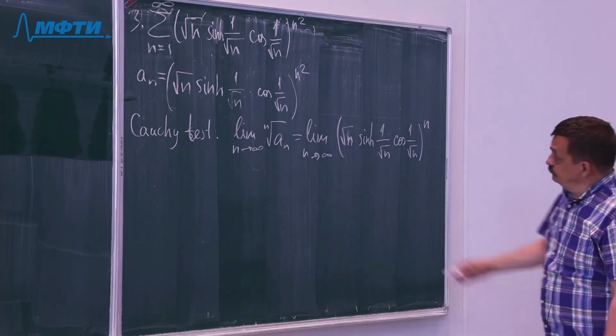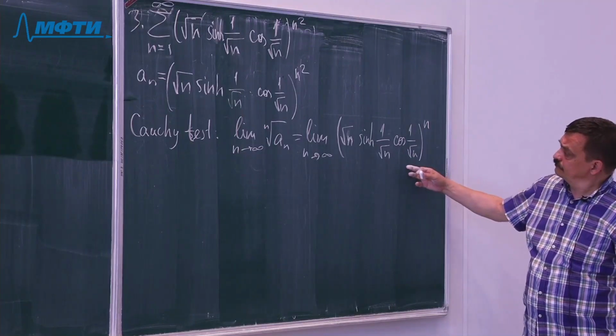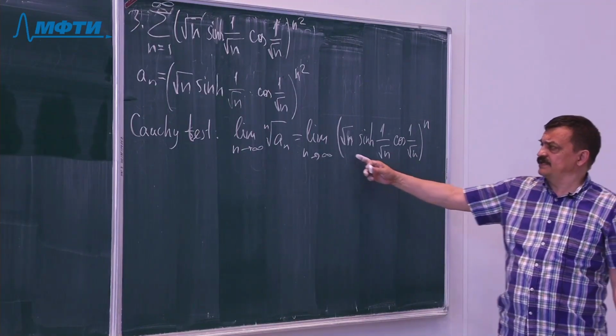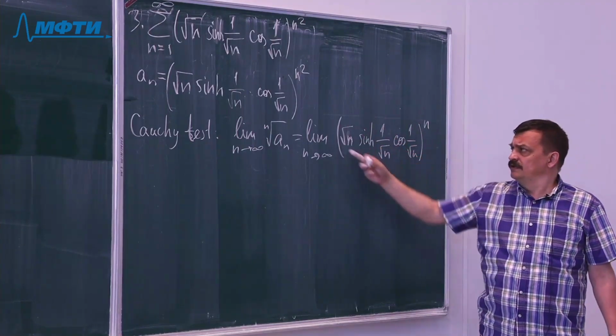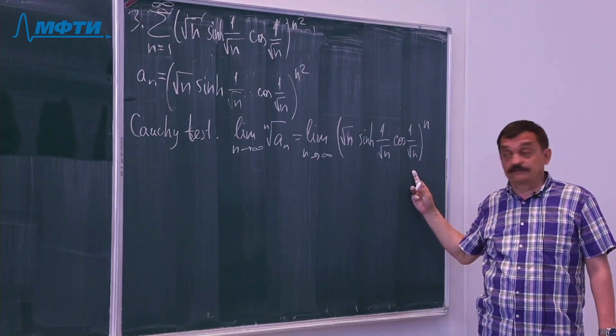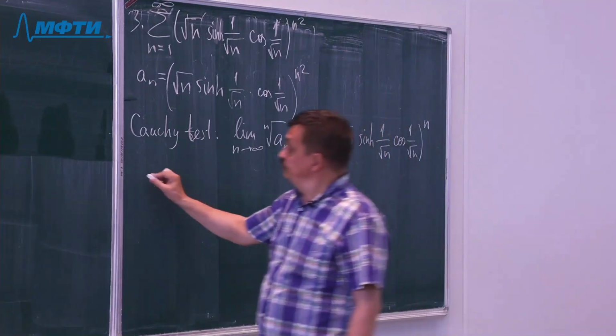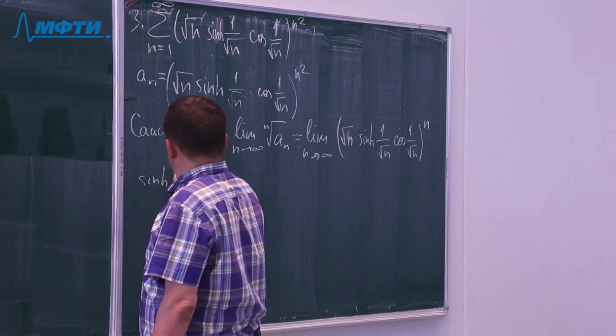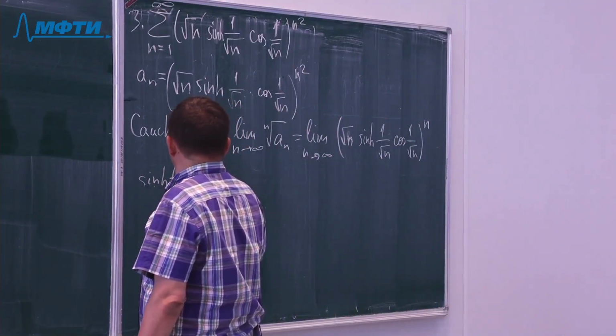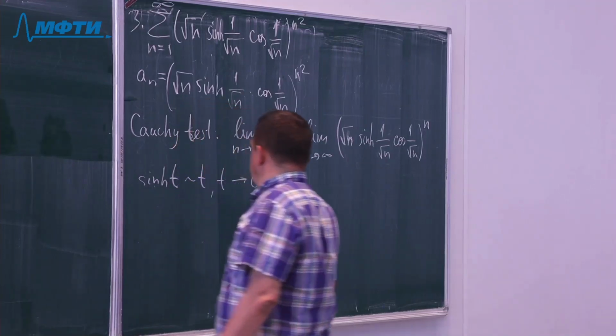Okay, what do we have here. Look at what happens as n tends to infinity in the base of our exponent. Sine hyperbolic t is equivalent to t as t tends to 0.